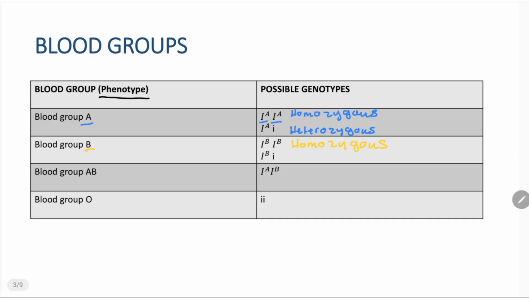So capital letter I to the exponent of capital letter B can be from the paternal origin, and capital letter I, capital letter B can be from the maternal origin, and this will result in an individual with blood group B. But a person with blood group B can also be heterozygous. This is also possible. This person can also be heterozygous, remembering that the word hetero in this instance will simply mean different. So capital letter I to the exponent of capital letter B will be inherited from the paternal origin, and small letter i can be inherited from the maternal origin.